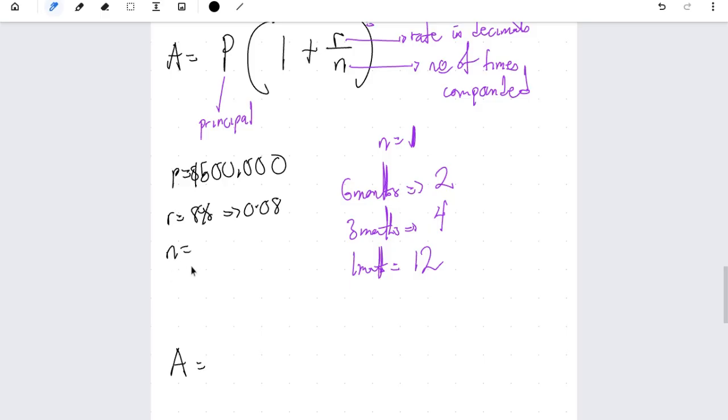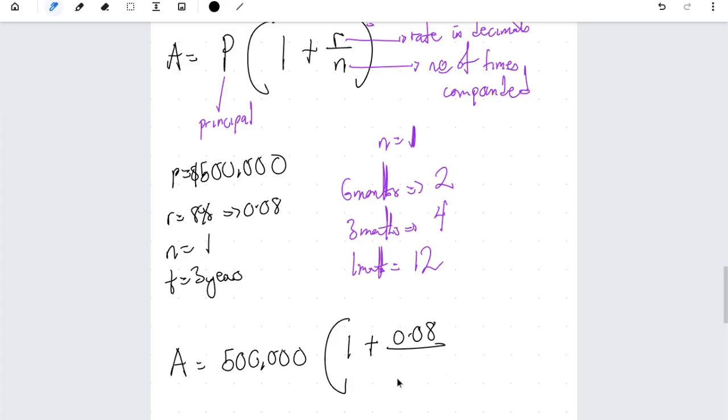N is 1, and then T is 3 years. So this is going to be 500,000 bracket 1 plus, what's our R? 0.08 over what's the N, which is 1, to the power of 1 times 3.